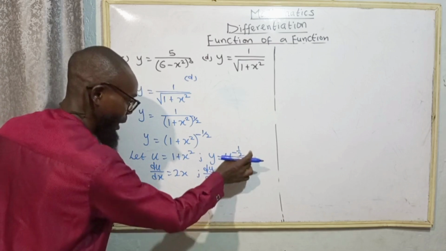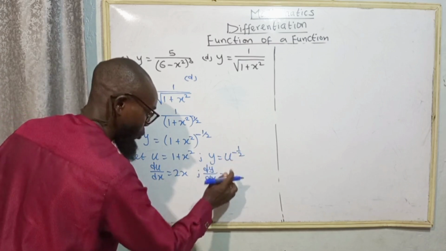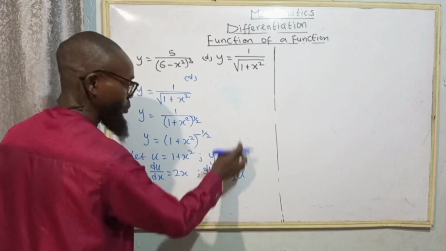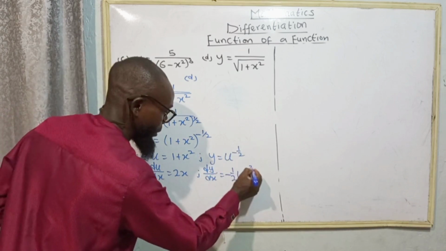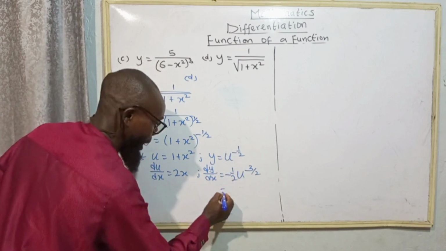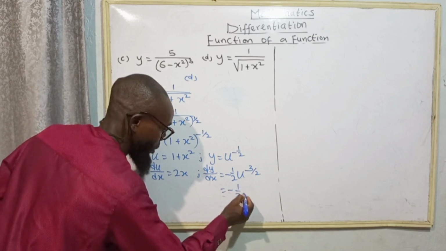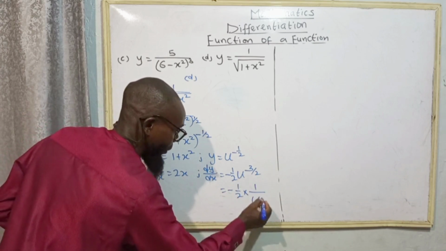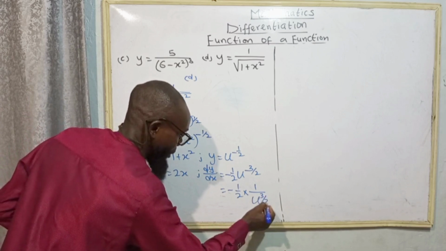dy/dx will equal minus 1 times 1, minus 1 over 2 u raised to power: minus 1 over 2 minus 1 gives minus 3 over 2. So we now have minus 1 over 2 multiplied by 1 over u raised to power 3 over 2.